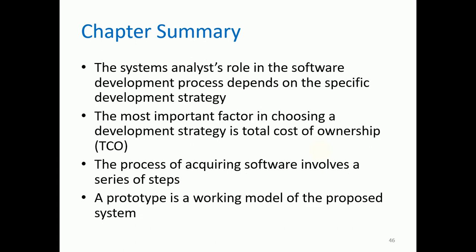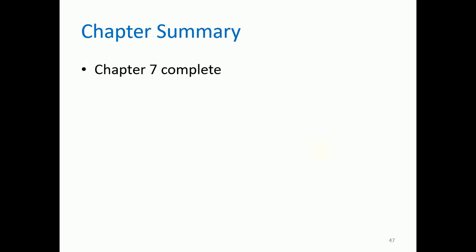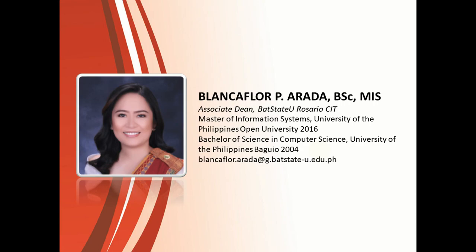The systems analyst's role in the software development process depends on the specific development strategy. The most important factor in choosing a development strategy is the total cost of ownership or TCO. The process of acquiring software involves a series of steps, and a prototype is a working model of the proposed system. Okay, so we are finished with chapter 7.